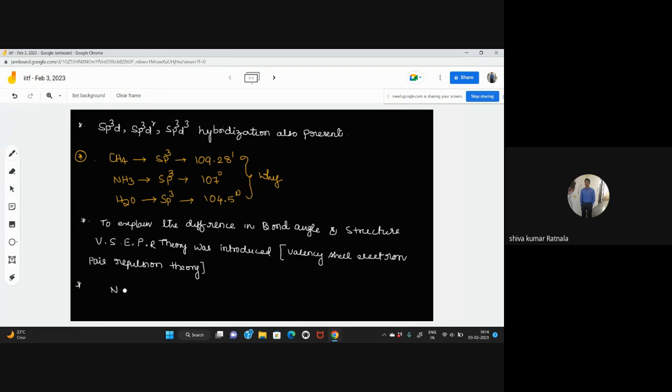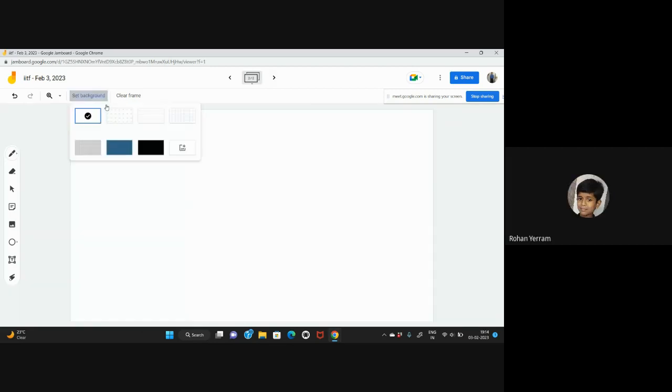In NH3, nitrogen is the central atom. Nitrogen atomic number 7 is 1s2, 2s2, 2p3, in the ground state.